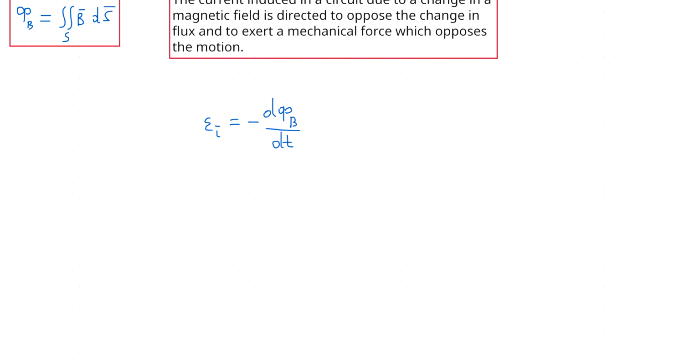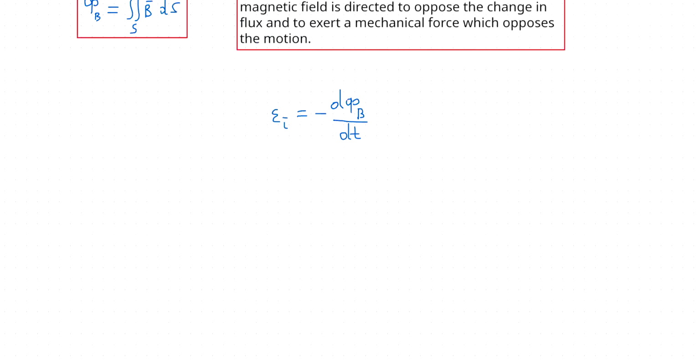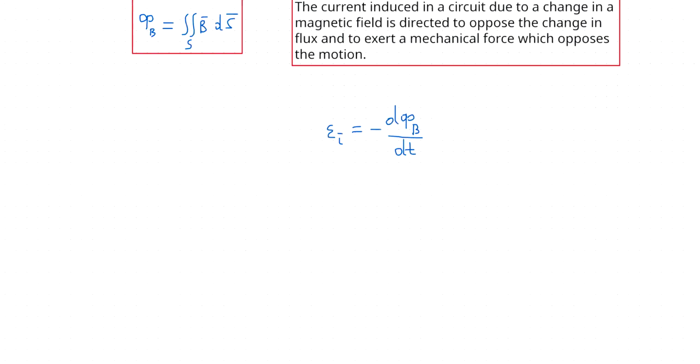So let's consider a circuit that contains n turns. It contains many turns, n turns. All turns are connected in series. And we know that in case of connection in series, electromotive forces add to each other.